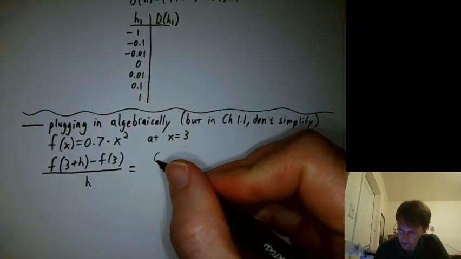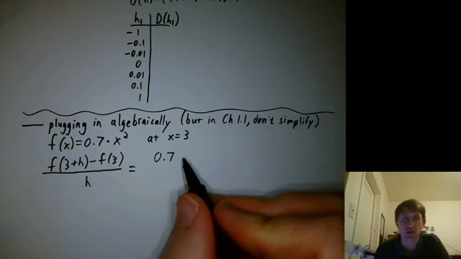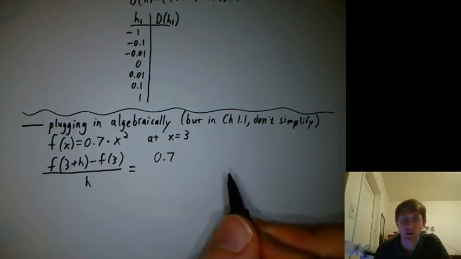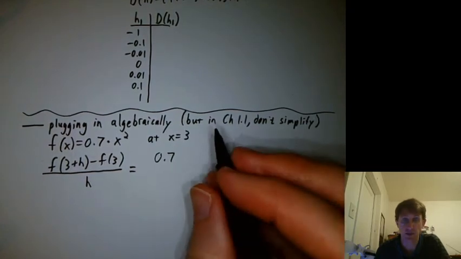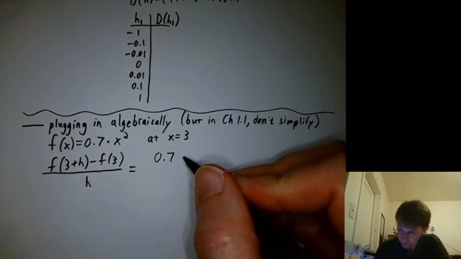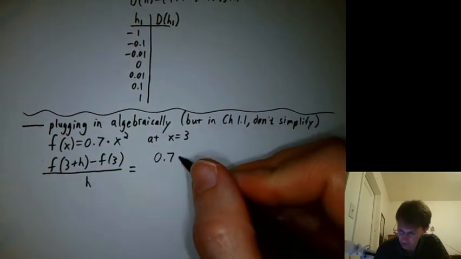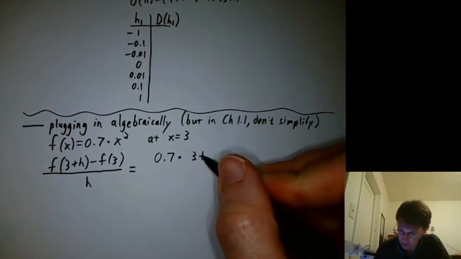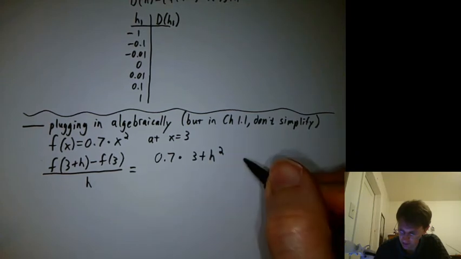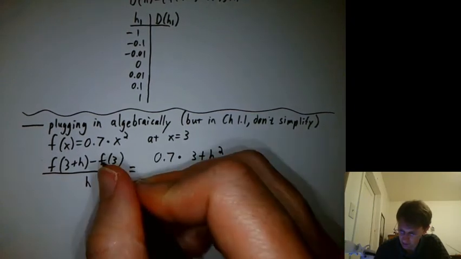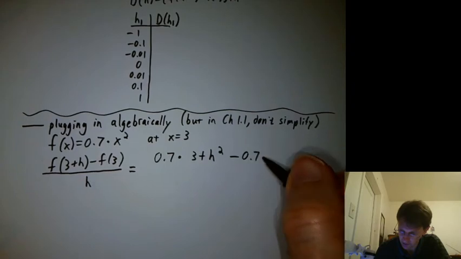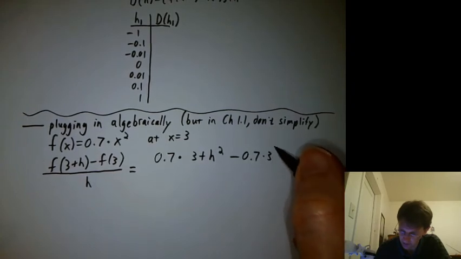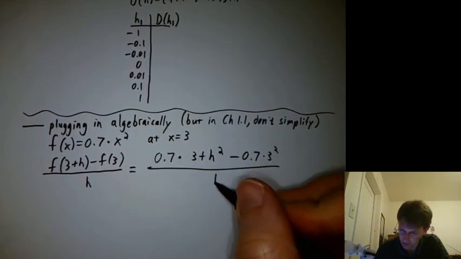So we have a 0.7. Try writing this out before I write it out, just to train your brain that you really need to know this stuff. And then I'll do times 3 plus h squared, and then minus f of 3, so minus 0.7 times 3 squared all over h.